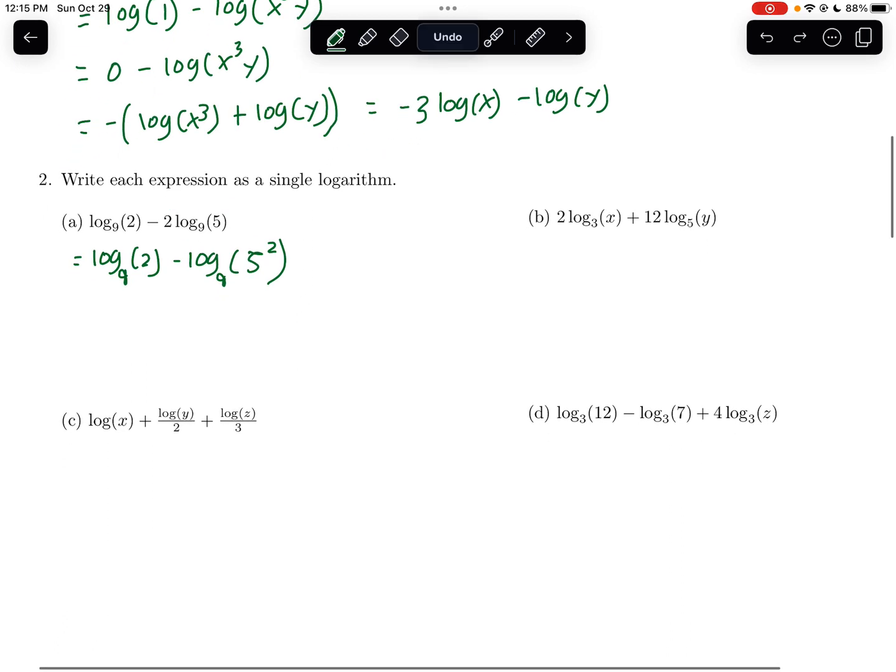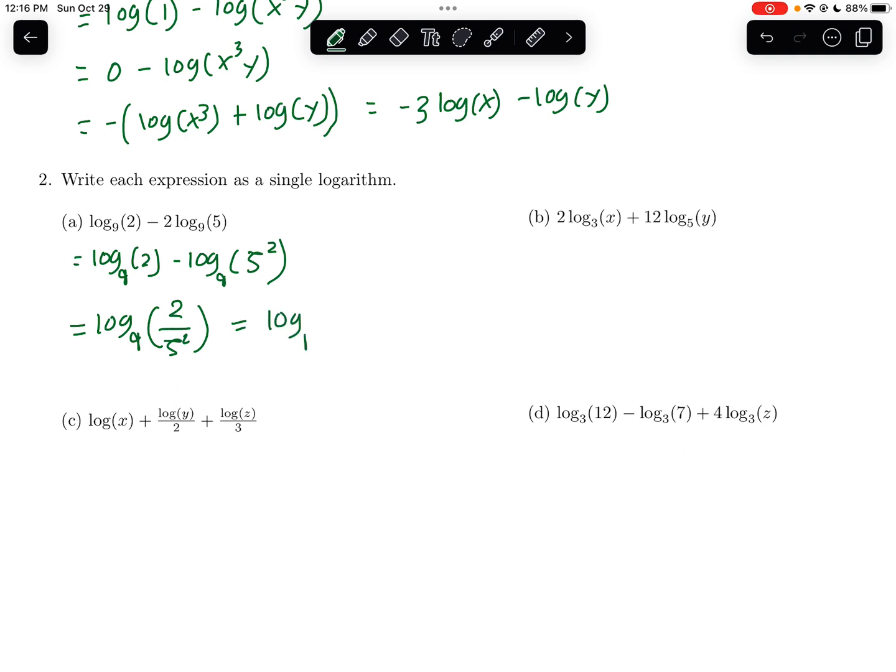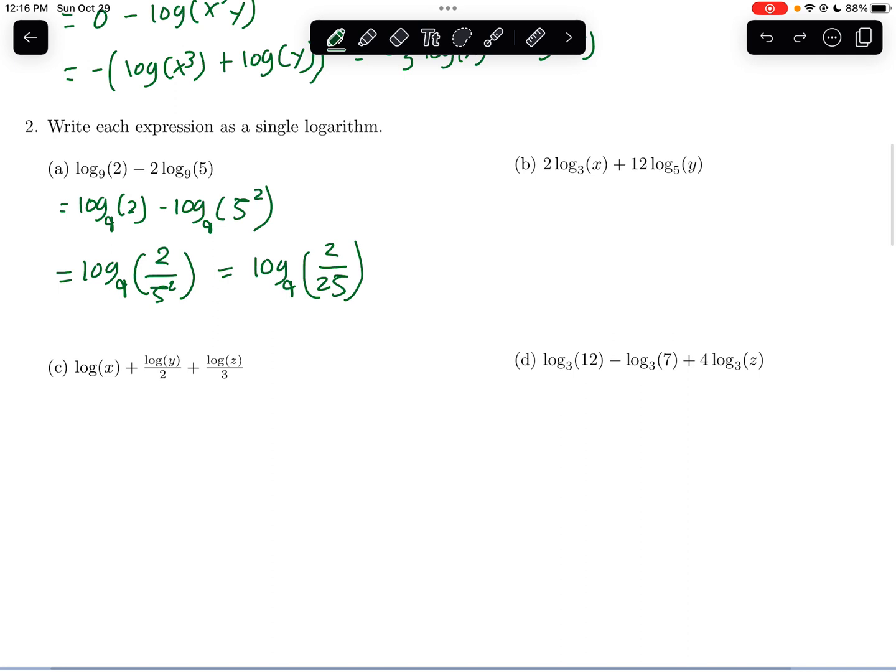Now that you do not have a coefficient here, we can write this as log base 9 of 2 over 5 squared. So log base 9 of 2 over 25, if you want to write it in that way. But you had to get rid of the 2 first, because you can only apply this difference quotient rule if you don't have coefficients in front. So we had to do that first.